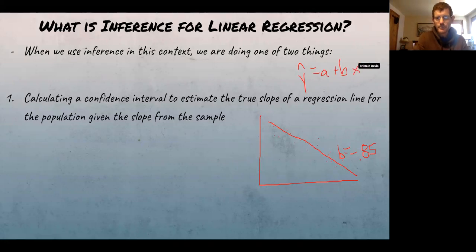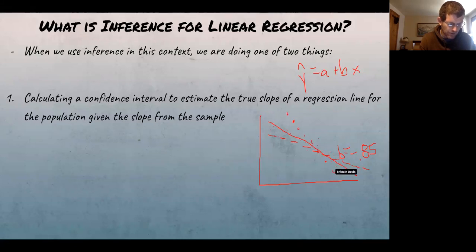Now, when I come up with this regression equation from a sample, I don't literally think that this is the true slope for the entire population. So when we're dealing with confidence intervals, what we're going to end up saying is, maybe if we pulled a different sample, our slope would be a little bit shallower. Maybe it would look more like this. Or maybe it'd be a little bit steeper. Maybe it would be something more like that.